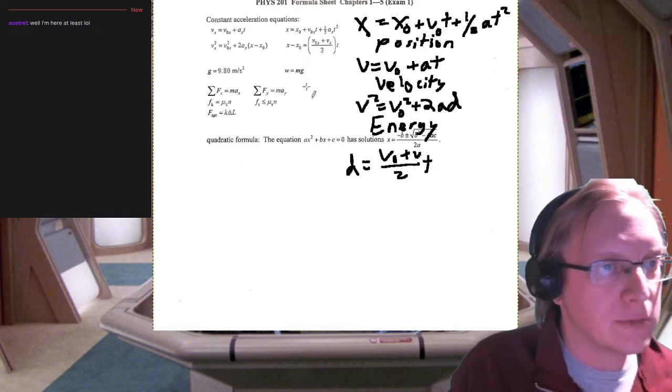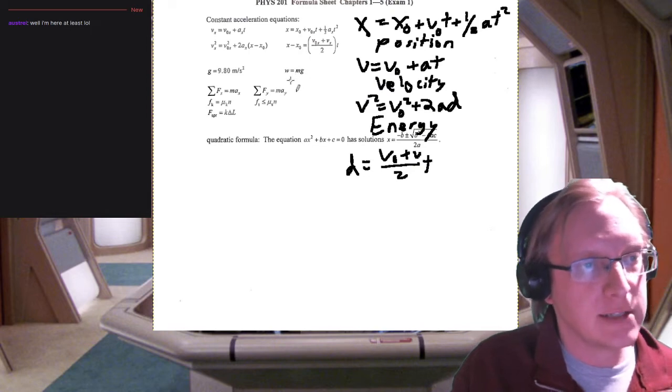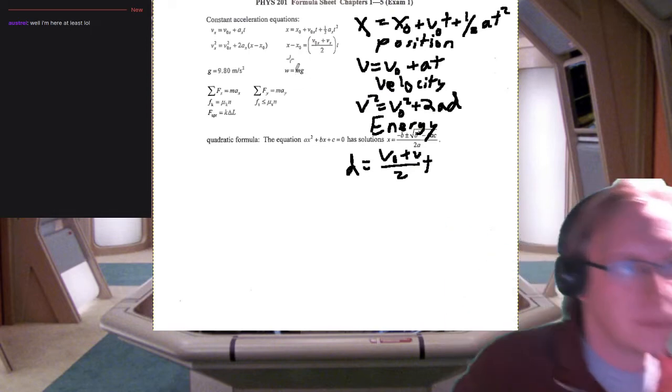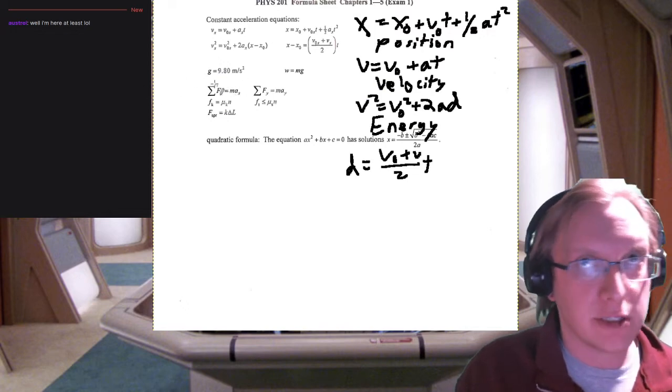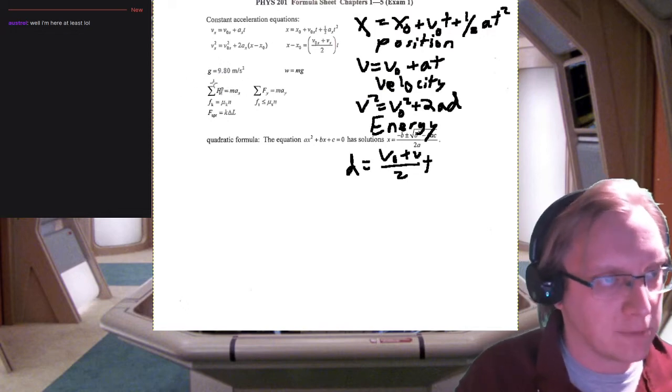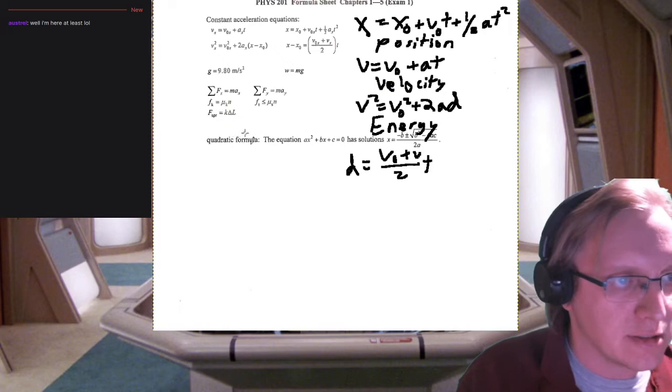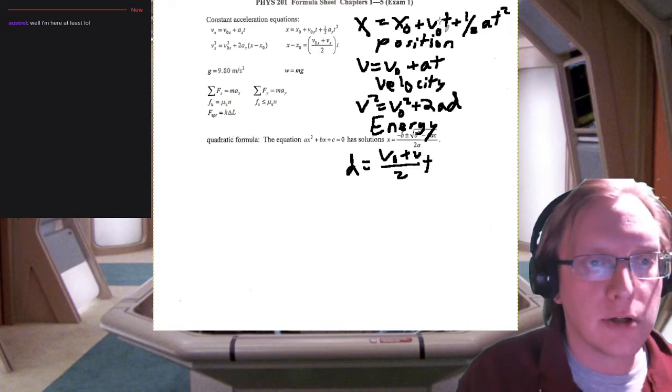And then we have weight is equal to mg. This is basically all of gravity. So we have gravity, and gravity is given to be 9.8, whatever. 9.8 is the general form there. A note on all these formulas here.